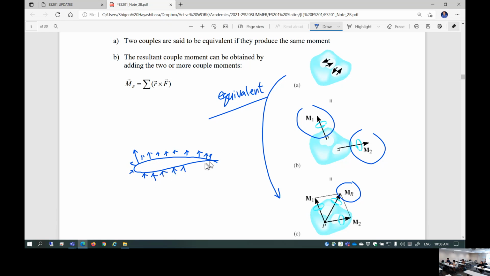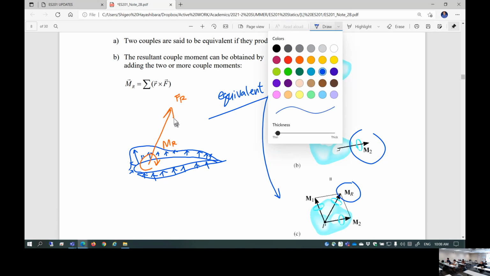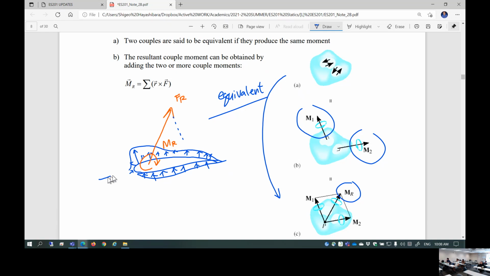The bottom side is usually higher pressure, so you have a distributed loading just like that. This can be resolved into a certain kind of force and a certain kind of moment. It's equivalent. Then you resolve this force into the direction perpendicular to the incoming flow.